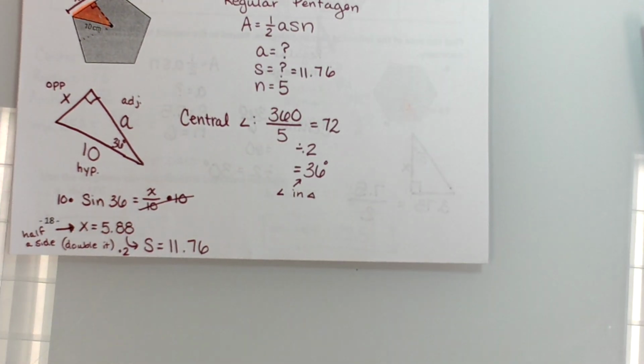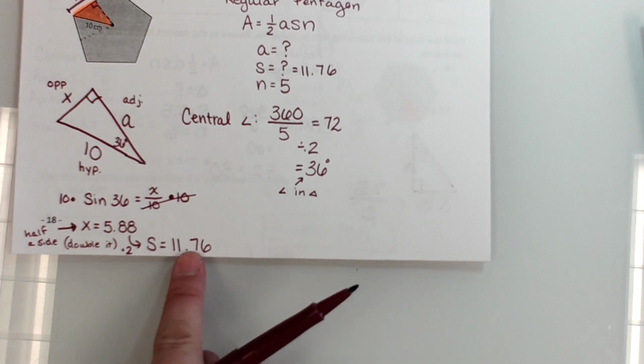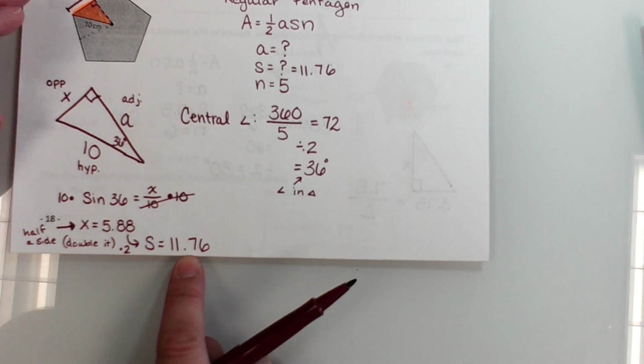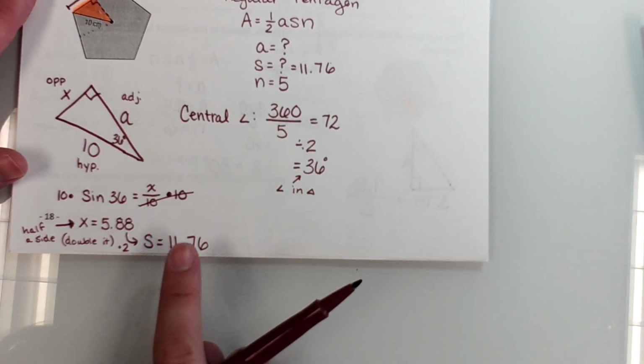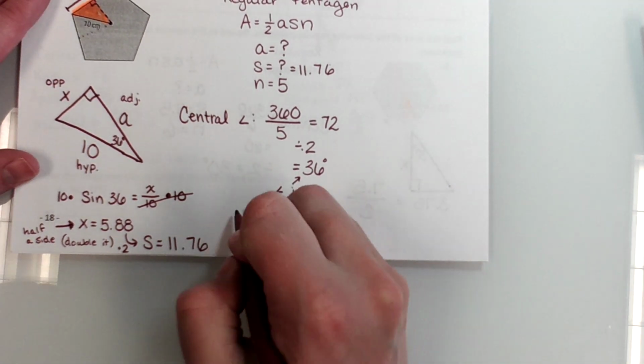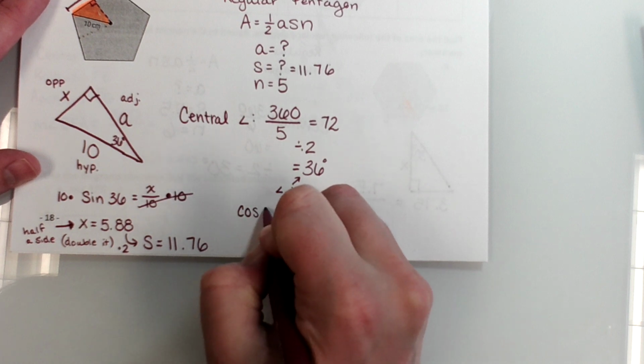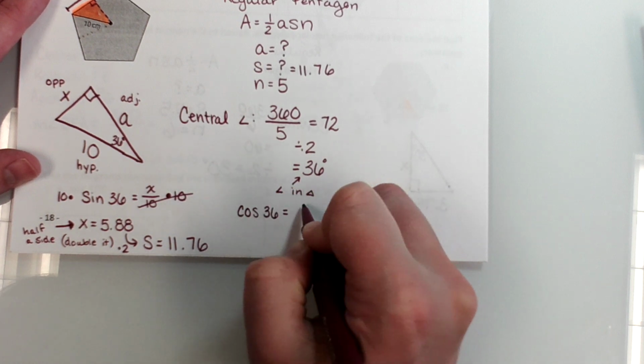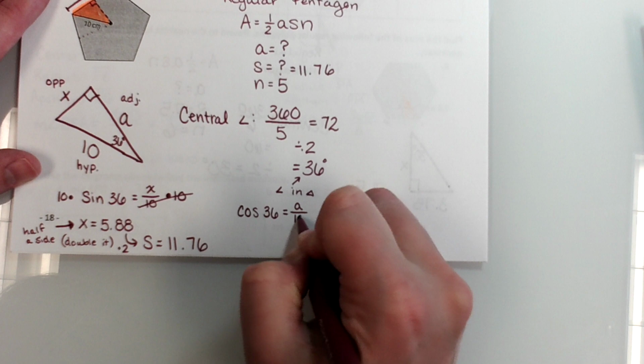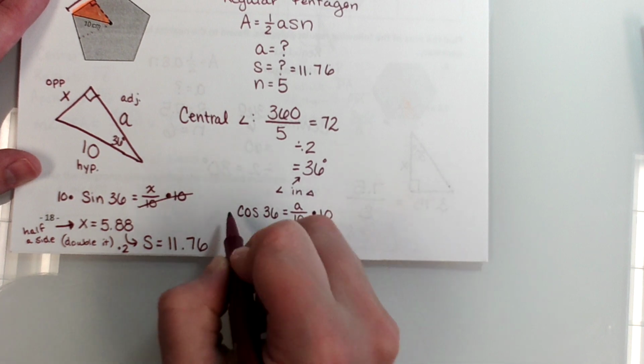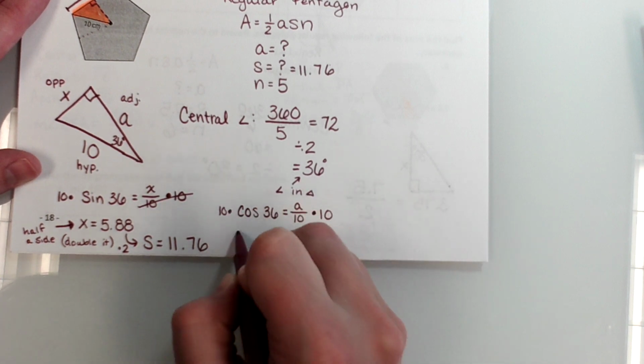If I want to solve for the last side, I could do trig or I can do Pythagorean theorem. I recommend trig because Pythagorean theorem would require a rounded side. This time we do cosine, and we'd multiply by 10.